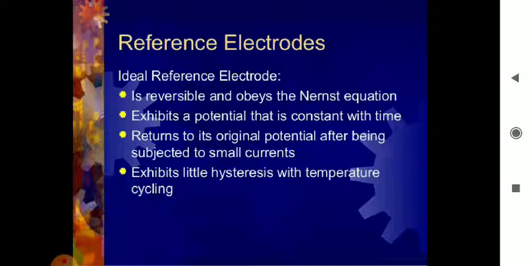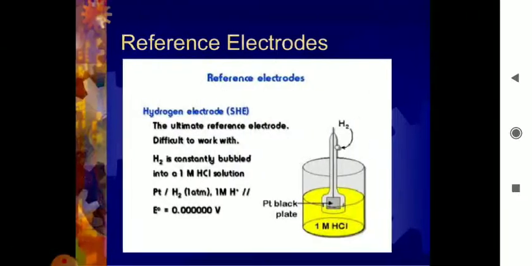It exhibits a potential that is constant with time, returns to its original potential after being subjected to small currents, and another important thing is that it exhibits little hysteresis with temperature cycling. So students, these are the characteristics of the ideal reference electrode.